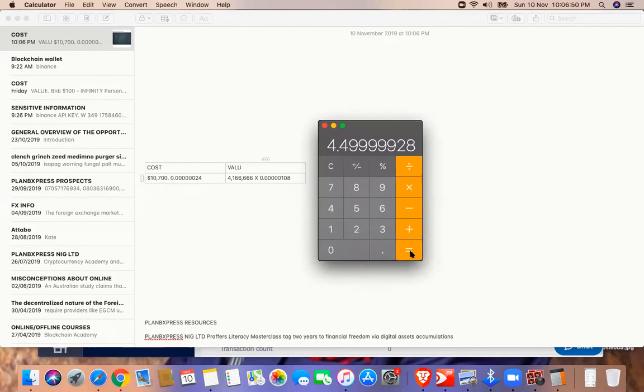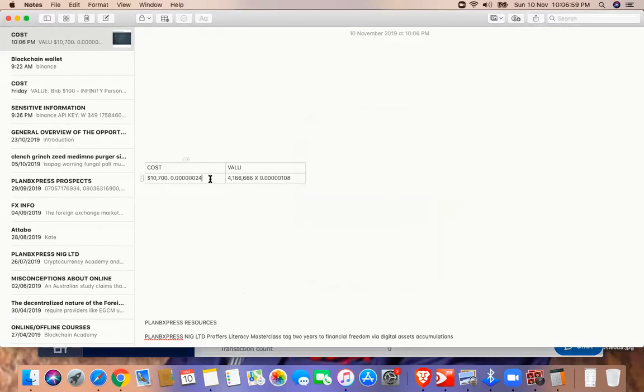That's about 4.499 BTC, almost 4.5 BTC. All right, so that was 1 BTC that time, 1 BTC.